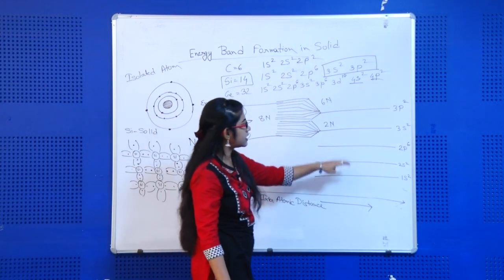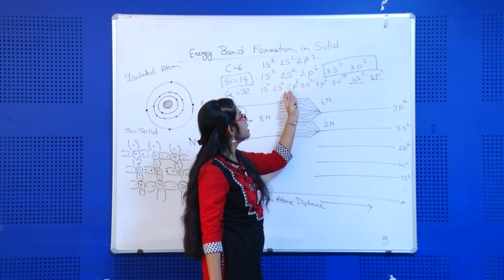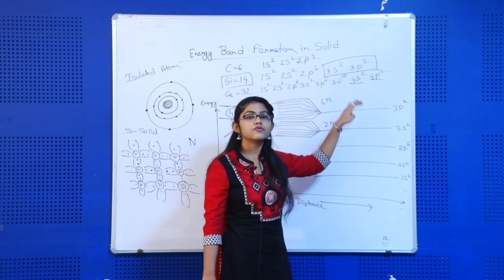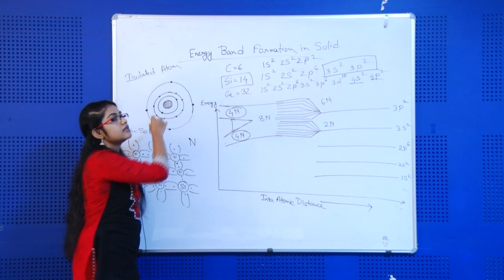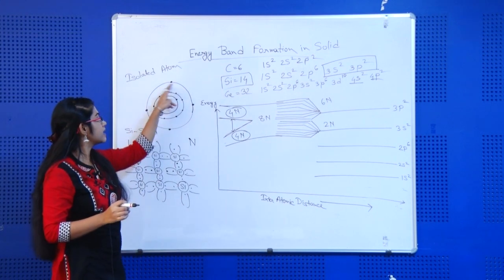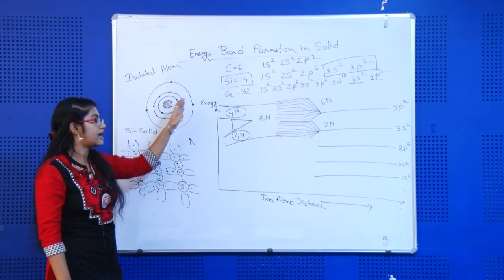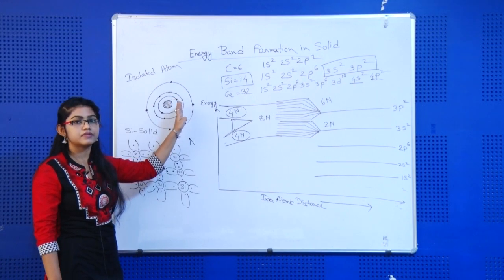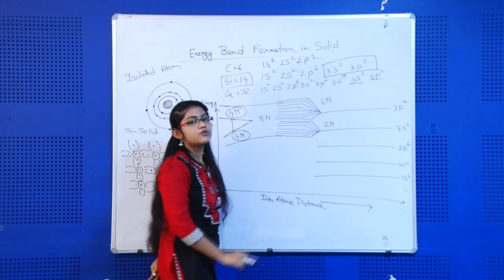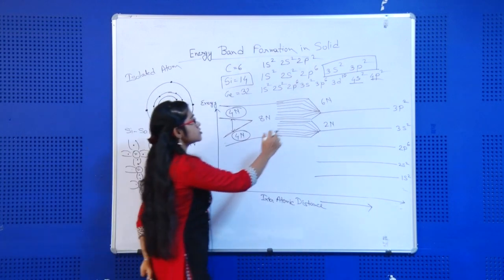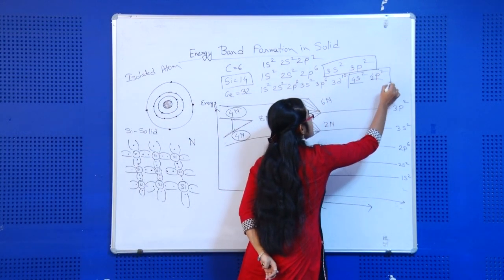All the remaining ones, that is 1s2, 2s2, 2p6 up to 3d10, will remain the same because these electrons are situated close to the nucleus, in the inner part of the levels. So 4s2 and 4p2 will split into n levels. So this one is also called a semiconductor device.